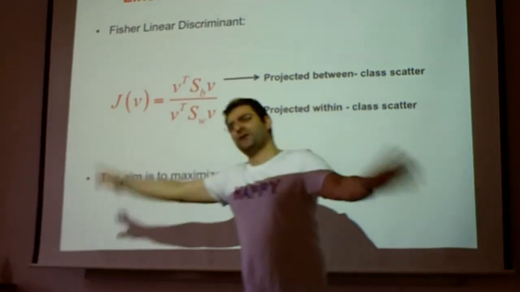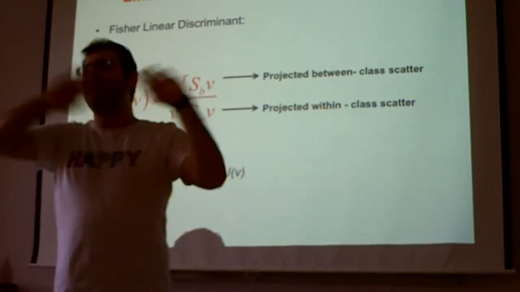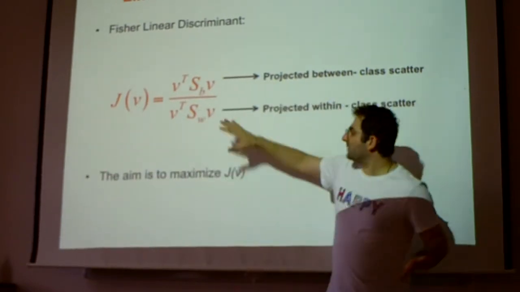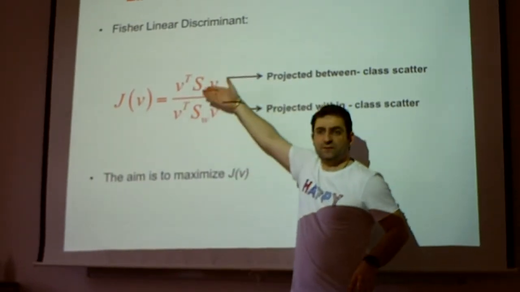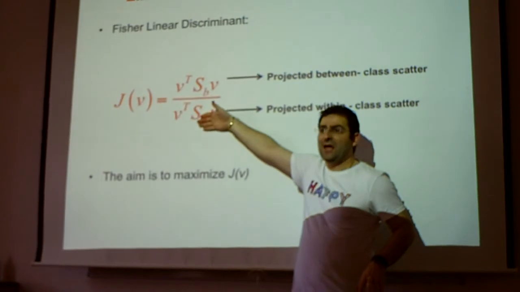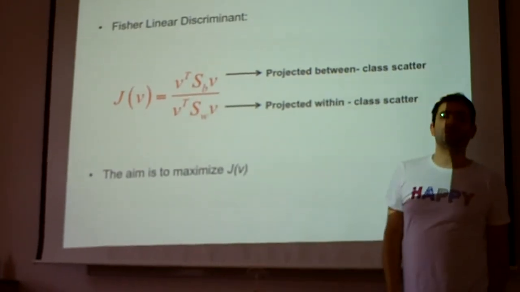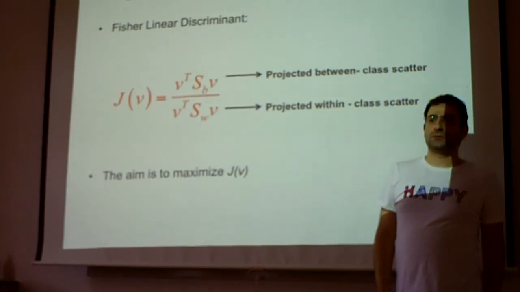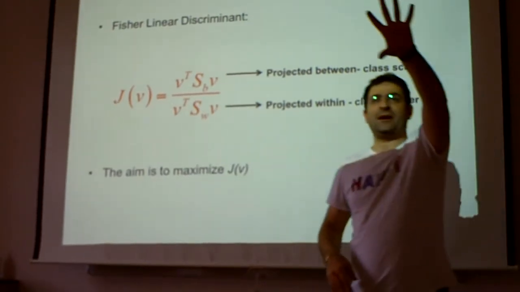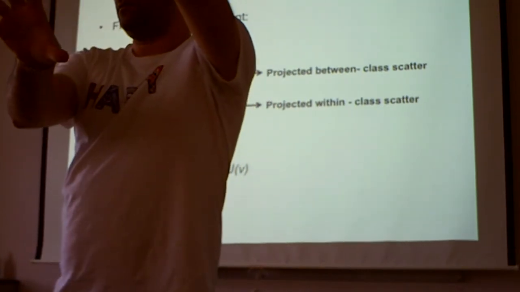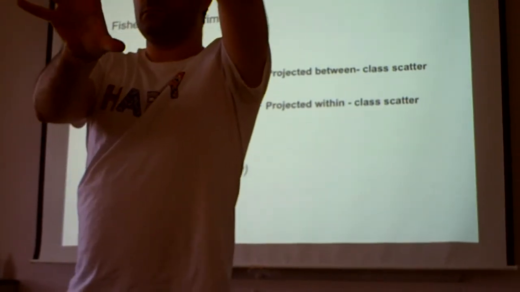Forget about the Fisher. Forget about everything. I have a function which is written in this form, and I want to maximize this. How can I maximize this? Number A divided by number B. How can I make the result very big? B small.